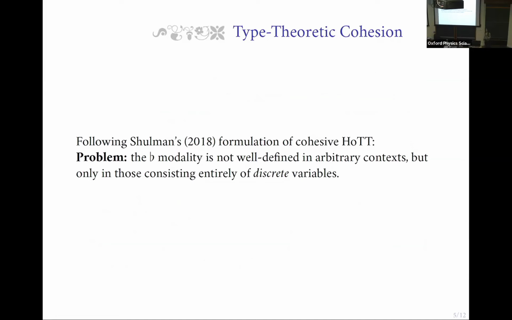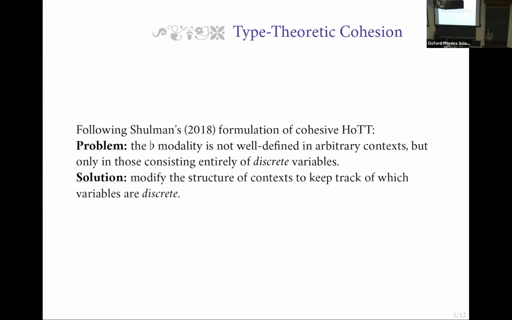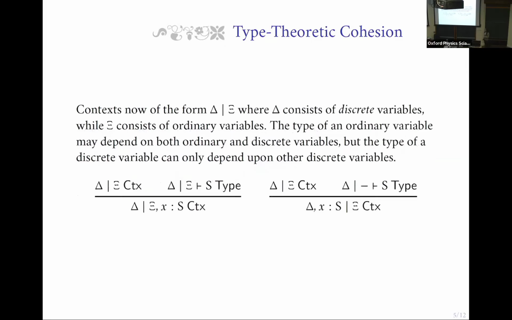It's only really well defined when the context consists entirely of variables whose types are also discrete. And so the solution to this is to modify the structure of contexts of variables in our type theory to keep track of which variables are discrete. That means we now have contexts that are split between normal and discrete variables.